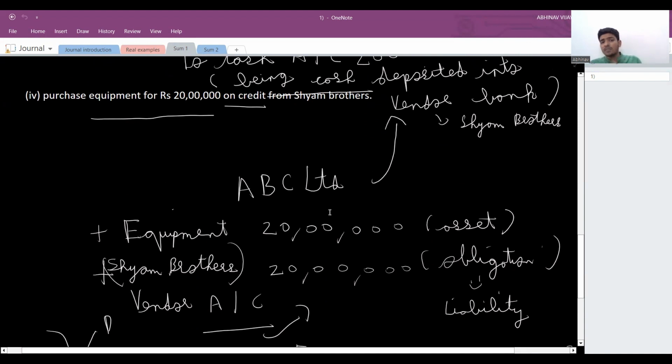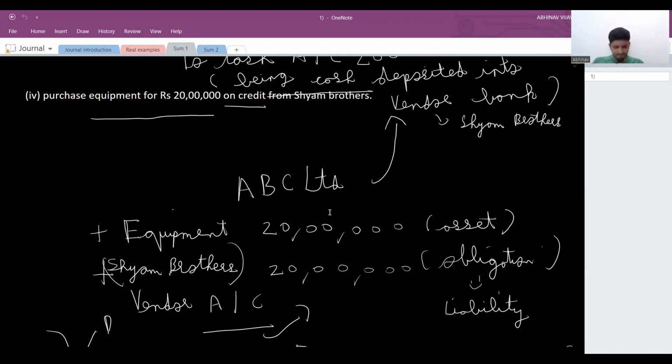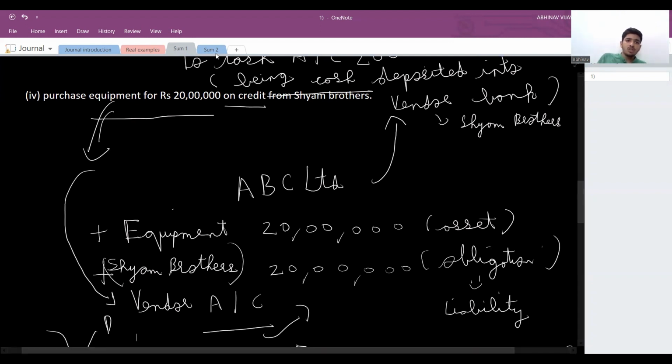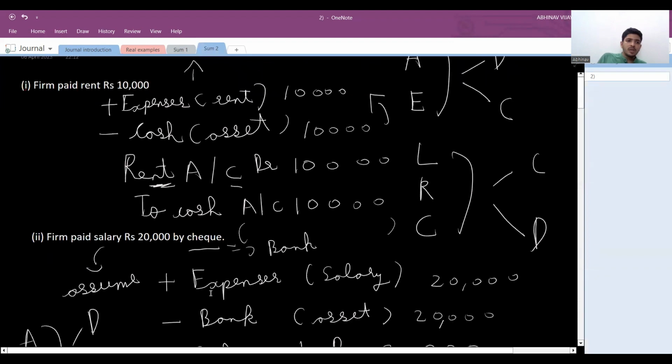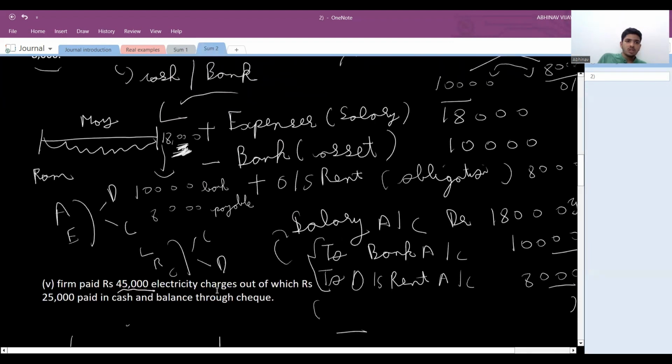But here I'm telling you when they do not say the name, you write creditor account. Why? The reason is in the question itself. Here it is purchase of equipment. Whenever they say equipment, you have to write only vendor account. But whenever they say goods, that is purchase of goods.